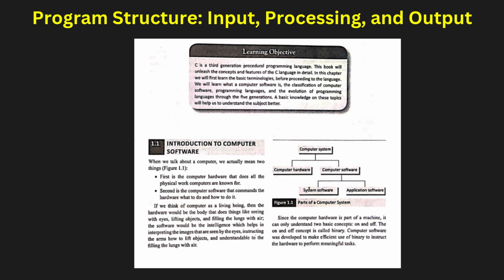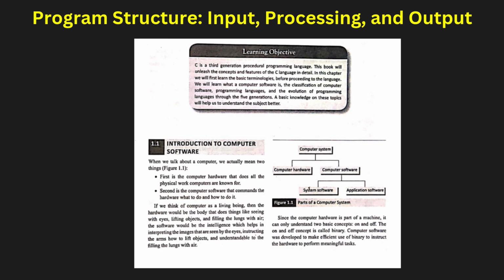Now program structure, input, processing and output. Every program follows a basic structure, this type of IPO. The input phase gathers data from users, files or other sources, and the processing phase involves computation, logic and decision making based on the input, and the output phase displays the result either on the screen or in files. A well structured program ensures efficiency and readability.